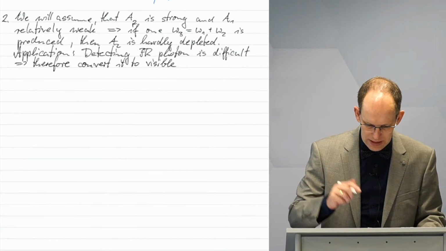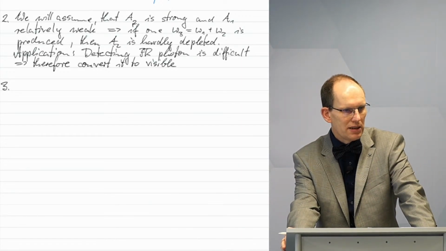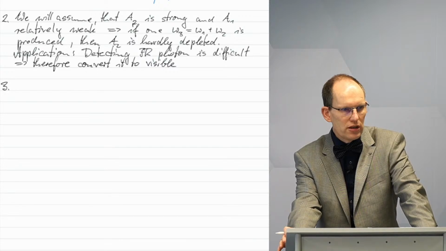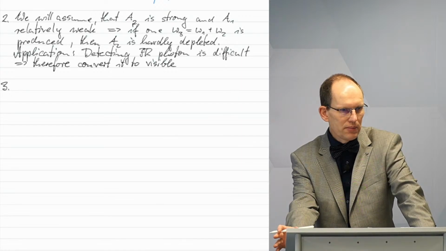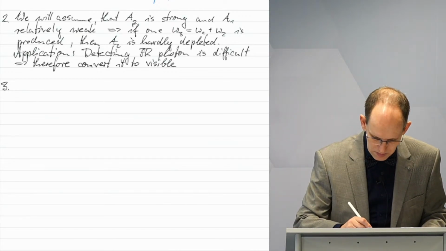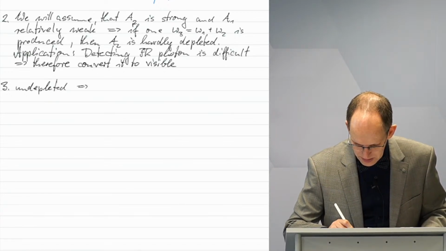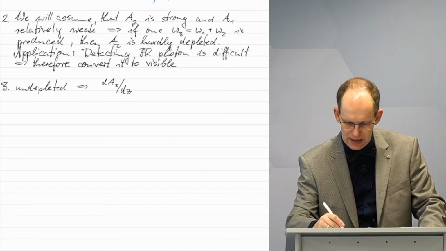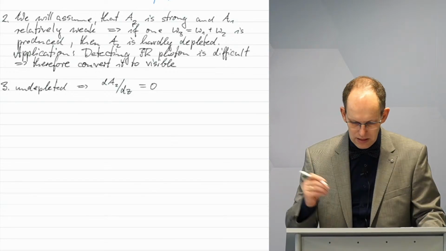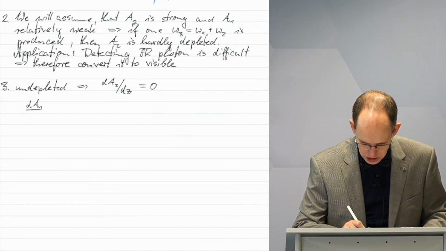Okay, so if this is the case, so if A2 is undepleted, then in mathematical language this means that the amplitude does not change with propagation through the crystal. In other words, it is independent of propagation distance z. Yeah? So undepleted means that dA2 over dz is equal to 0, and then of course our coupled wave equations are simpler than they were in the general case.